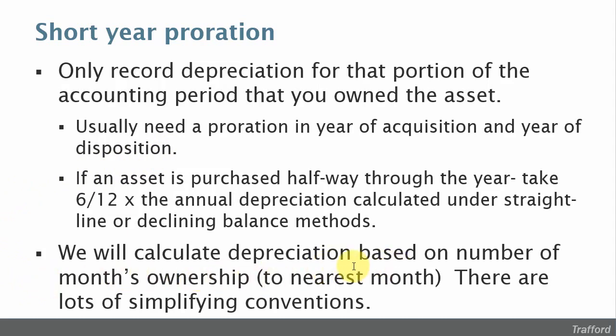You need to prorate both straight line and double declining balance computations by simply taking your annual depreciation and multiplying it by 3 over 12 or 6 over 12, however many months you own the asset in the year of acquisition or year of disposition. Units of production depreciation expense is not prorated because your depreciation expense isn't based on time owned or time used. It's instead based on units driven or units produced during that accounting period.